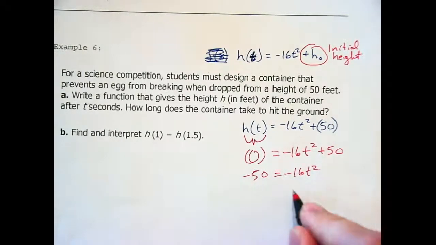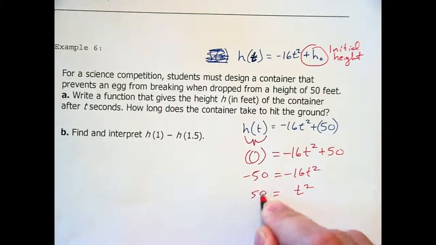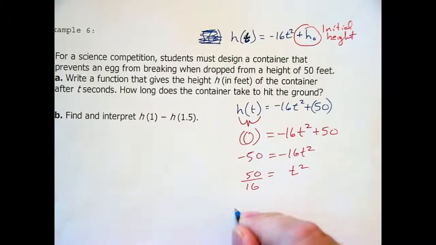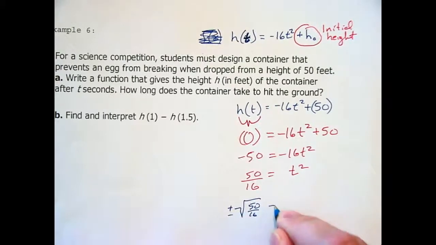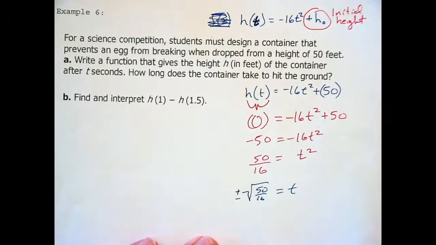And then we divide by negative 16. And then we take the square root, and when we take the square root, we have to go plus minus. Then the square root of 50 over the square root of 16.